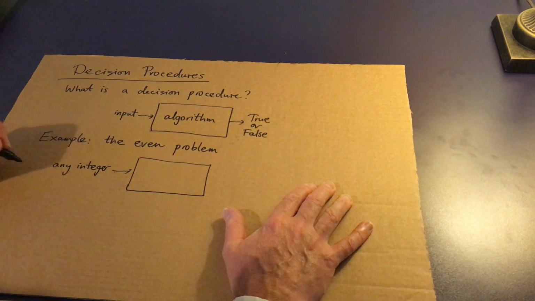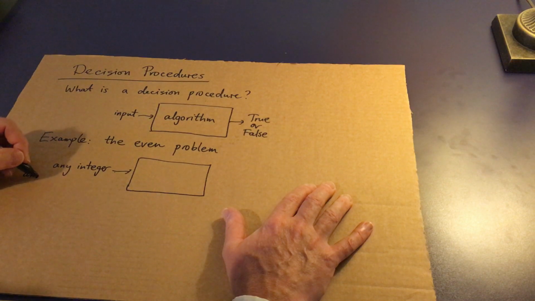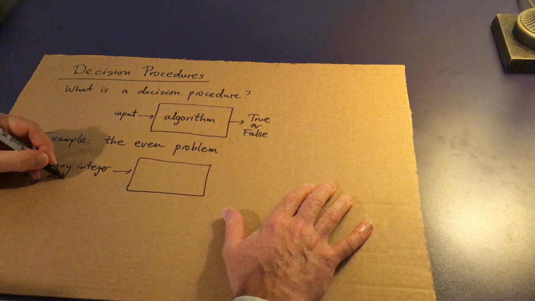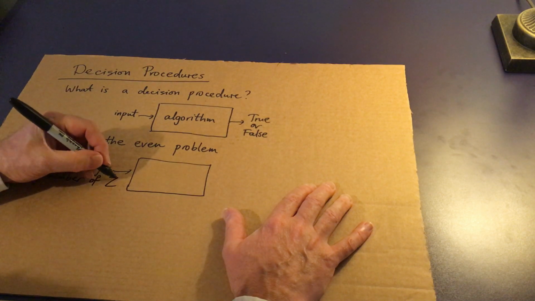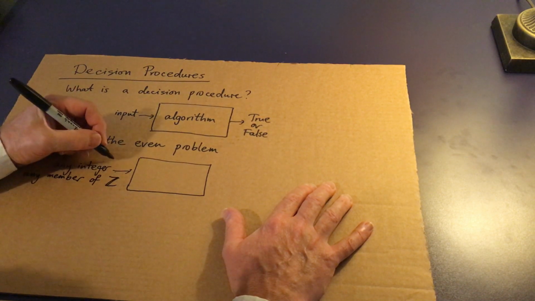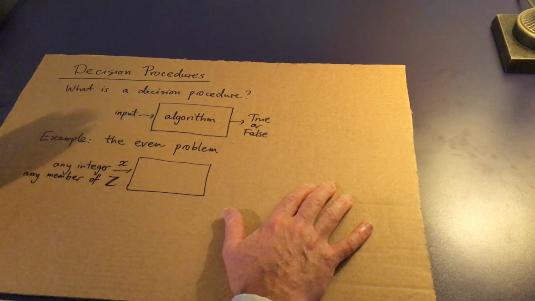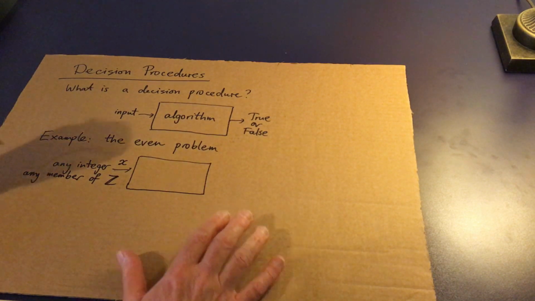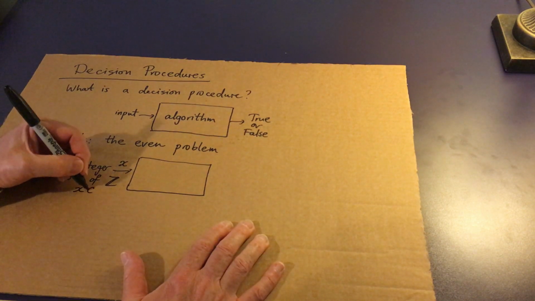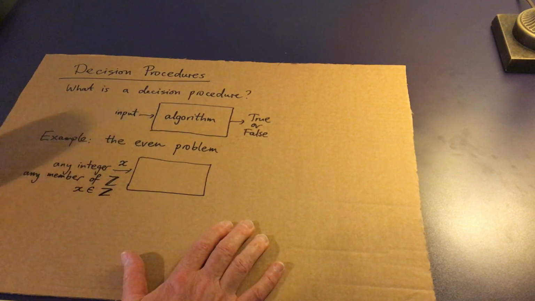So in other words, it's any member of the integer set Z. Let's give it a name, this input. Let's call it x. So any integer x is our input. x is a member of Z. So we'll write that x is a member of Z. So there we go. That's the input.